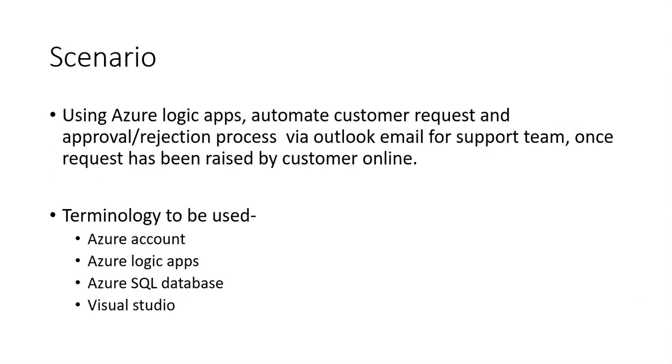For this session, I am going to take one scenario, which is automating the customer request and approval or rejection process via Outlook email for a support team. Once the user raises a request on the online portal, he or she will get a notification email, and the manager or supervisor will be able to approve or reject via Outlook email.